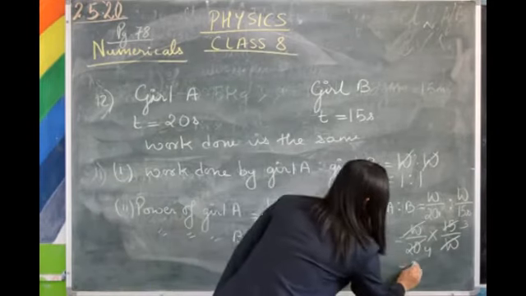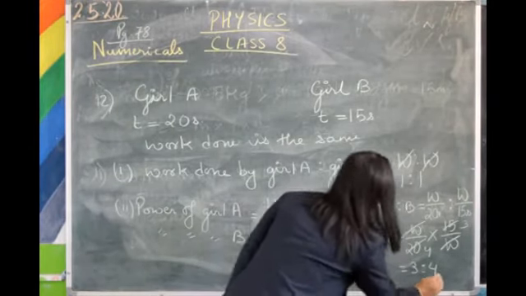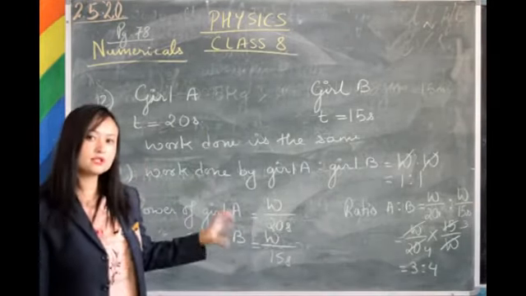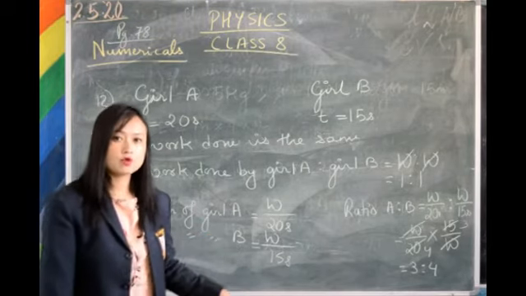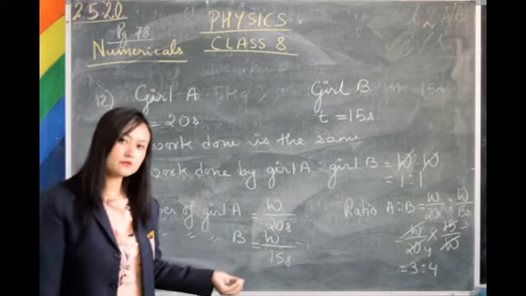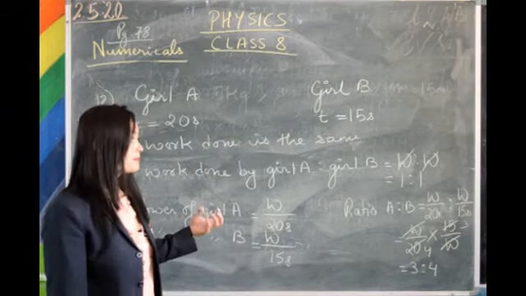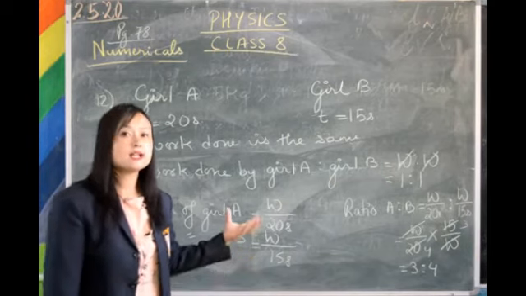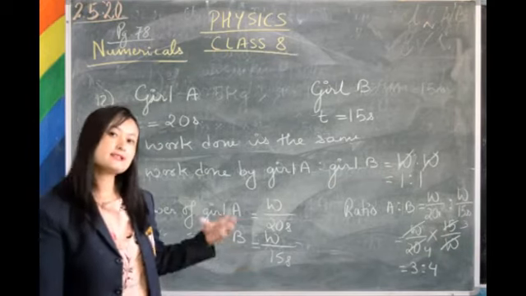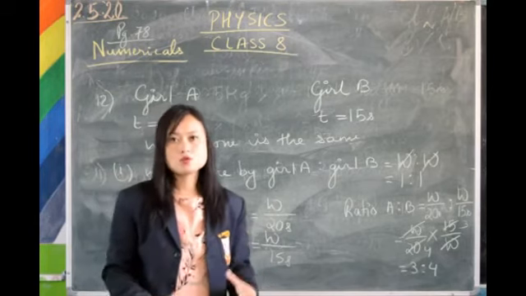The ratio will be 3:4. That means the power of girl A is 3 and the power of girl B is 4. So what do we conclude from here? We conclude that the power of girl B is more than the power of girl A, because she takes lesser time to do the same amount of work.